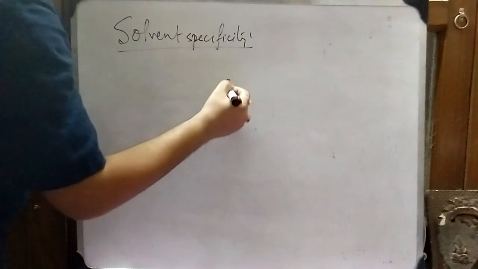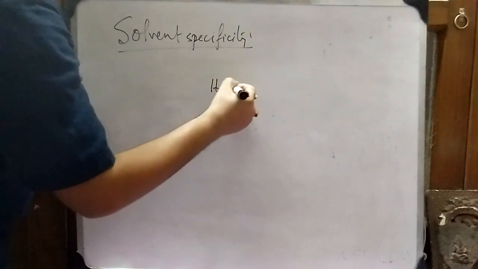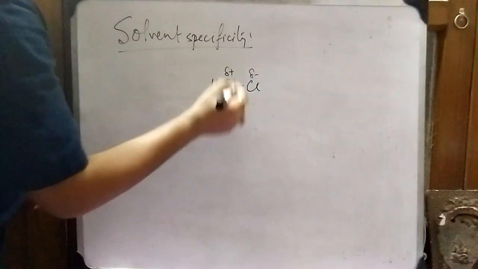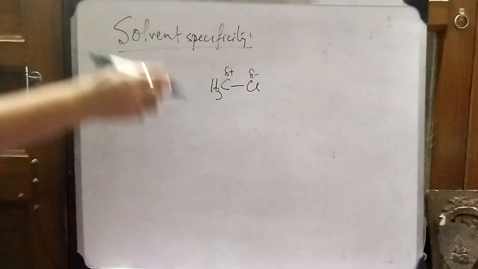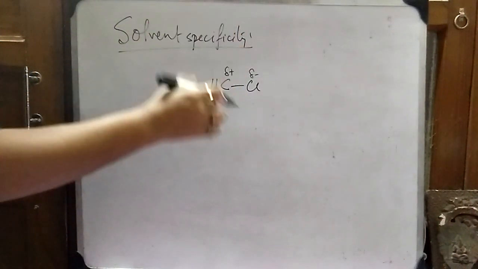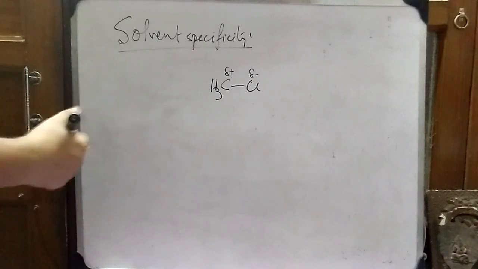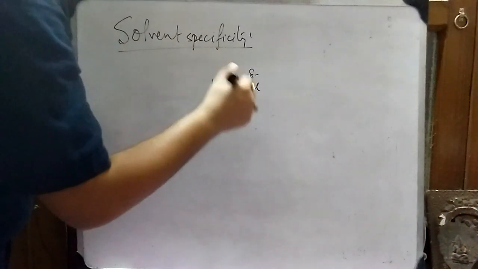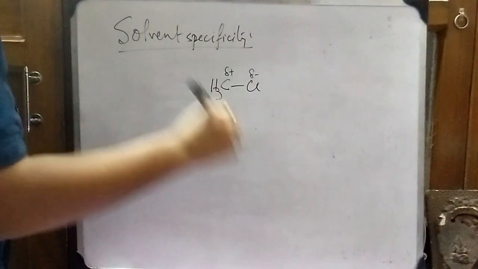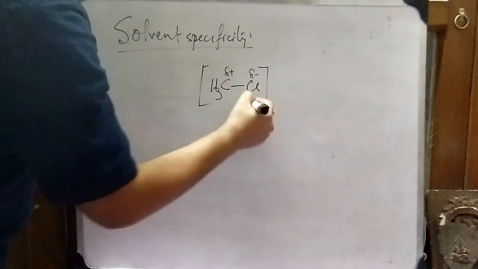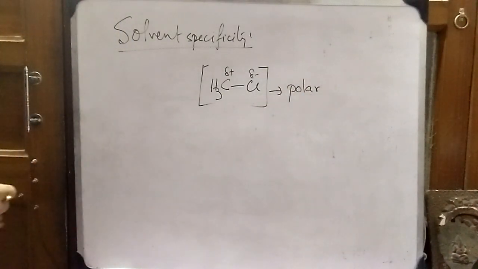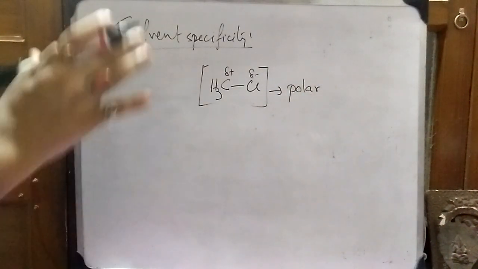There is a delta plus and a delta minus, so some amount of positive charge should be there to facilitate the substitution reaction, or else it will not take place. So polarity will develop within the molecule in order to undergo substitution. So our first criterion is that the solvent must be polar.